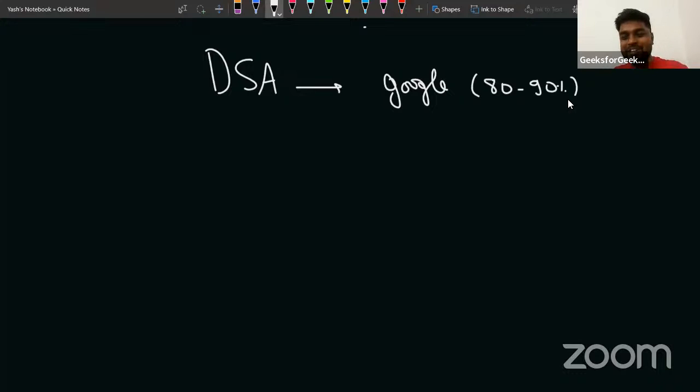The percentage is more than this, but 80 to 90% of the questions are asked from one and only topic, that is data structures and algorithms. That's why it's important. If you think about companies like Amazon and others, DSA is asked there too.